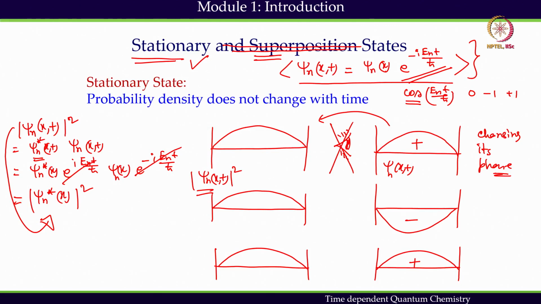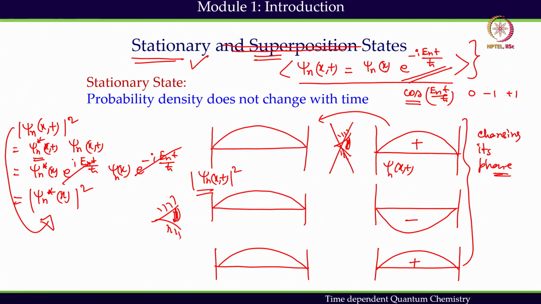Its wave function is changing, as we can see, it is changing its phase all the time, but its density is not changing as a function of time. And if the density is not changing, for any experiment I perform, I will not be able to see any change in the particle, because I cannot observe the wave function.